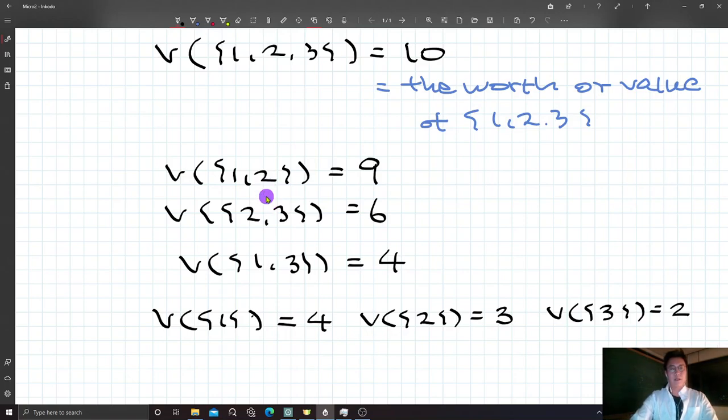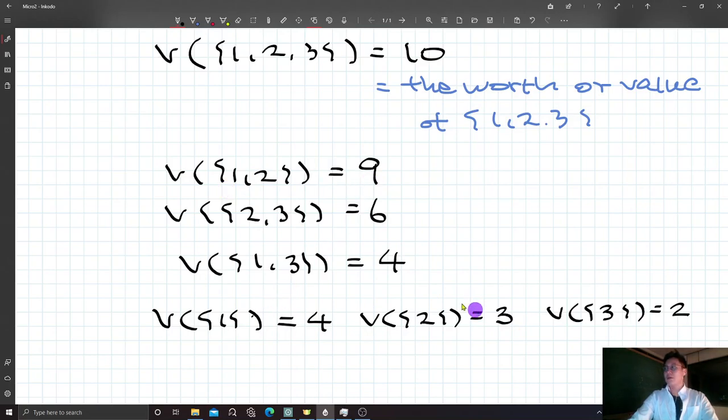So for player 1, if he acts individually, he can make a surplus of 4. But if he makes a team with player 2, the surplus increases to 9. Player 2, if he plays alone, can make a surplus of 3, but by making a team with player 1, the surplus increases to 9.